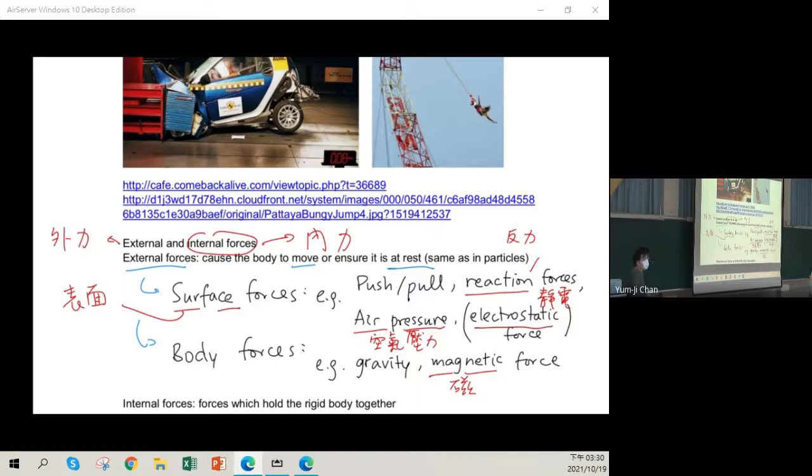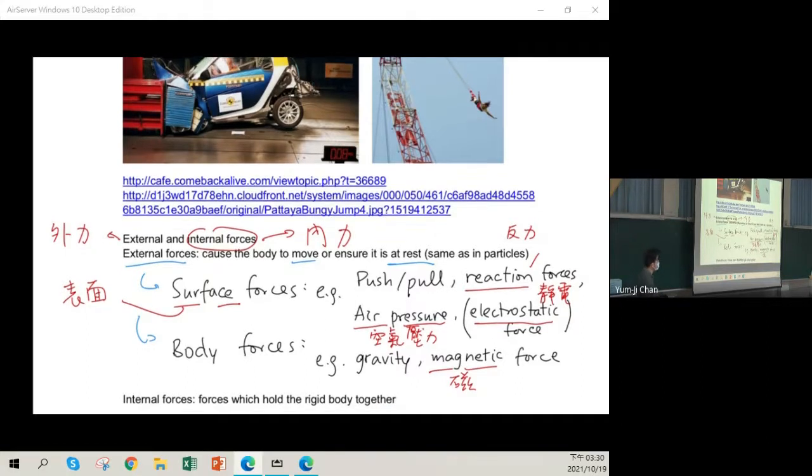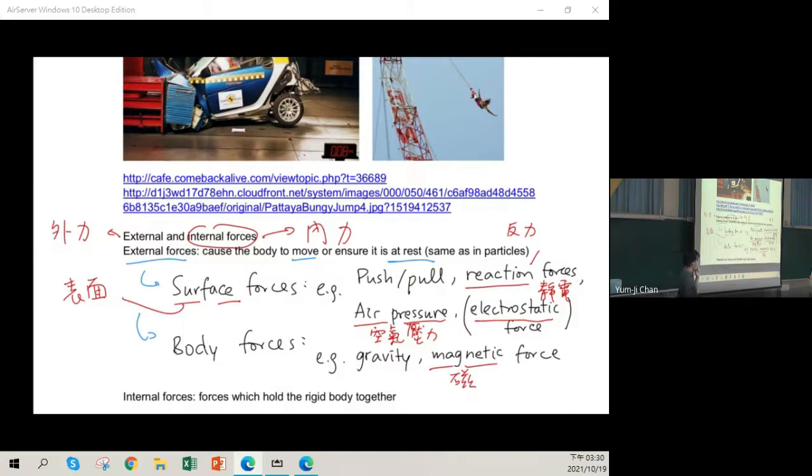So we have surface forces and body forces. Now you know some of the words, and let me explain the others.